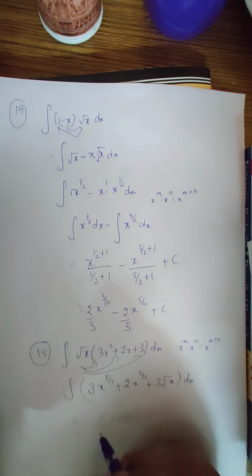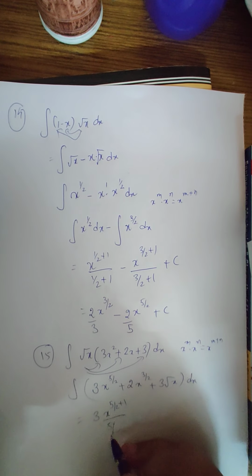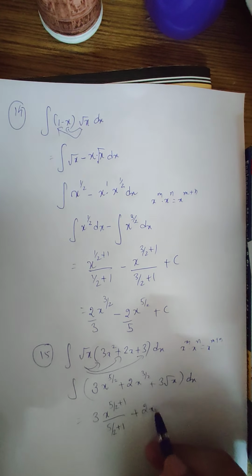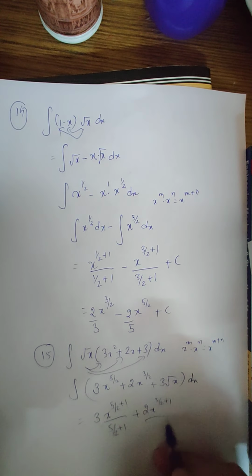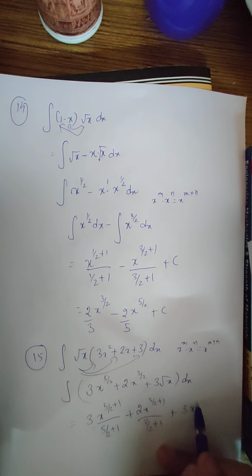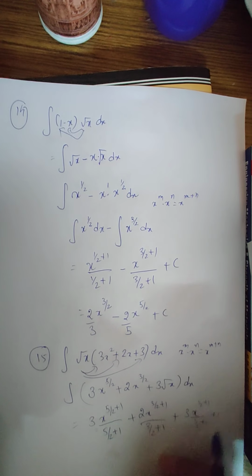This is just simplification, students. 3 x to the power of 5 by 2 plus 1 over 5 by 2 plus 1, plus 2 x to the power of 3 by 2 plus 1 over 3 by 2 plus 1, plus 3 into x to the power of half plus 1 over half plus 1, plus c.